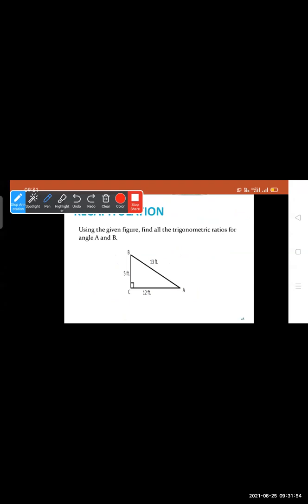Similarly, you can find the ratios for acute angle B. For B, see, this one is perpendicular, this one is base, and this one is hypotenuse. Okay, so for B, sin B is P by H. Here the value of P is 12, so you get 12 by 13.